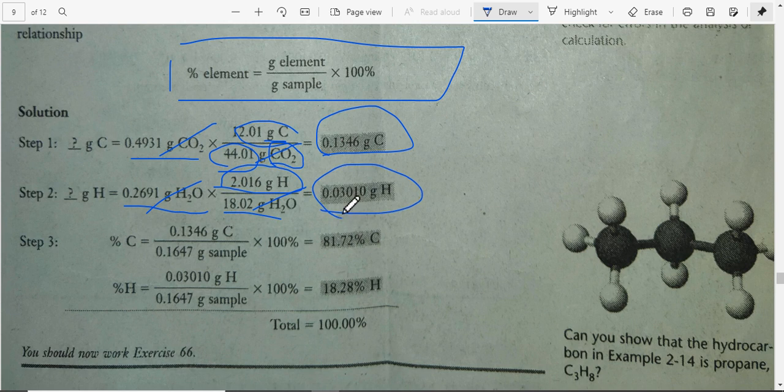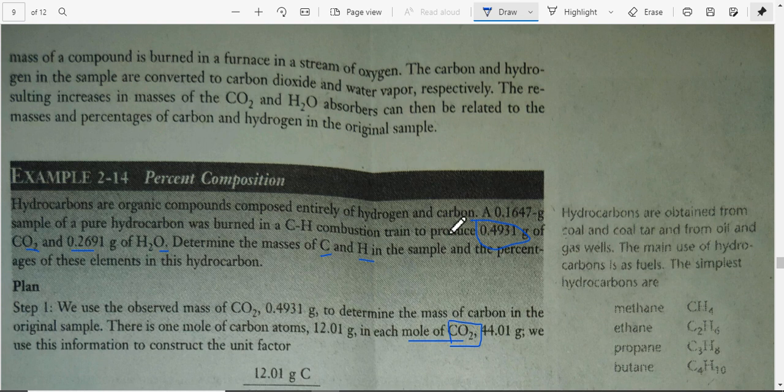Now that you have the grams of each element you need, you can get the percentage of a specific element. First is carbon. Then you take the grams of your sample from the start of the question, which is 0.164 grams of hydrocarbon sample.